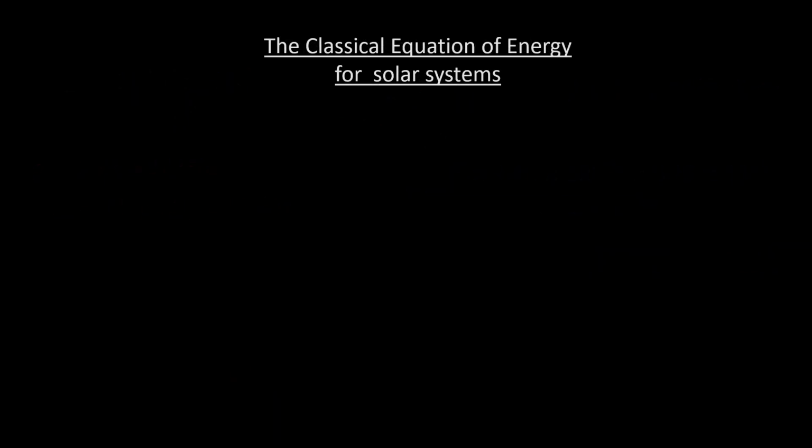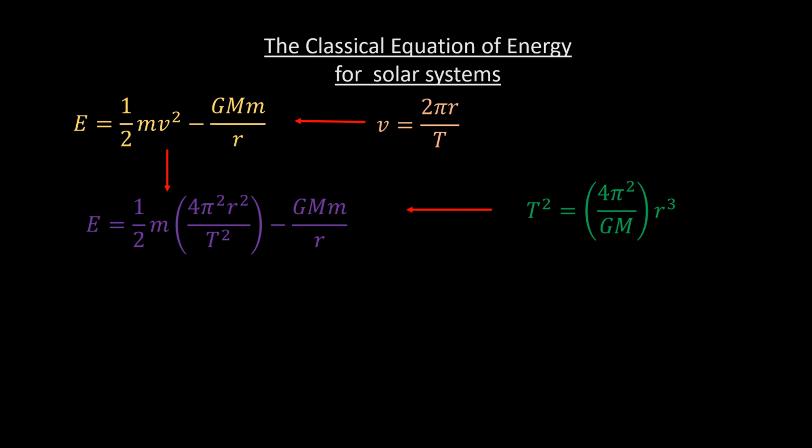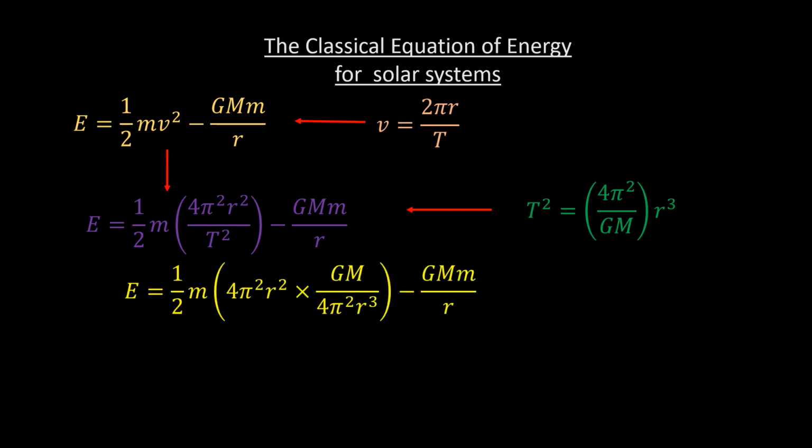There is a more simplified way of writing the classical equation of energy. Recall that the velocity of a rotating body is given by 2 pi r on T, and the period T is given as follows. When we sub in v in this equation, we have the following. Now, subbing in T squared produces the following yellow expression.